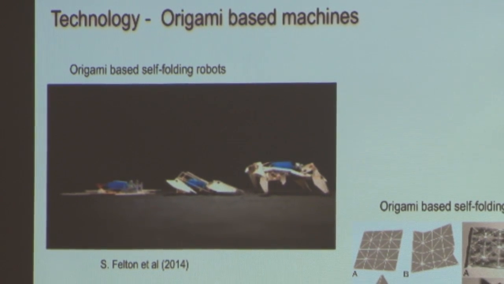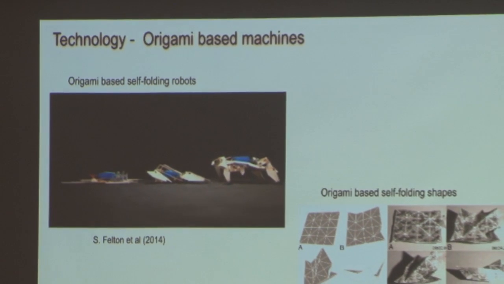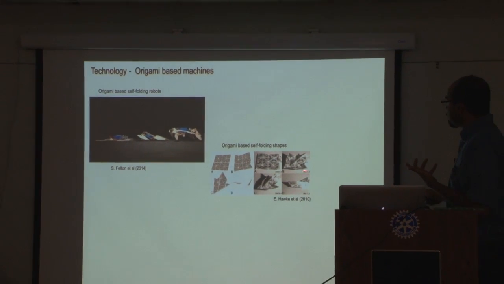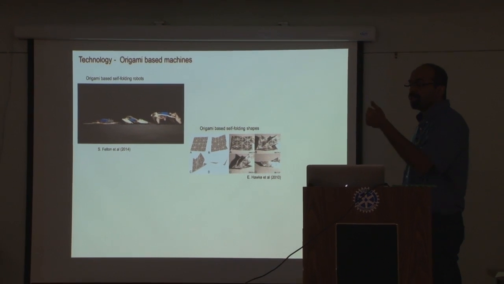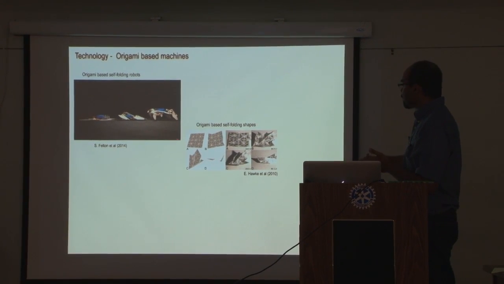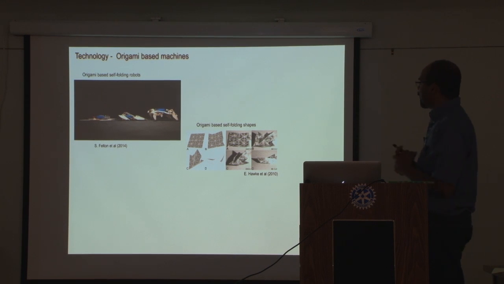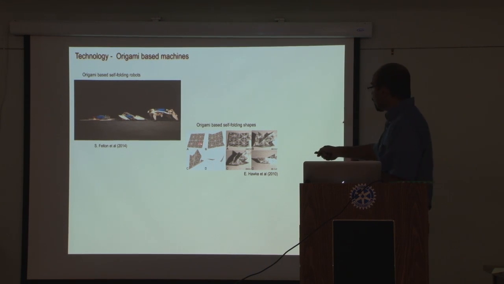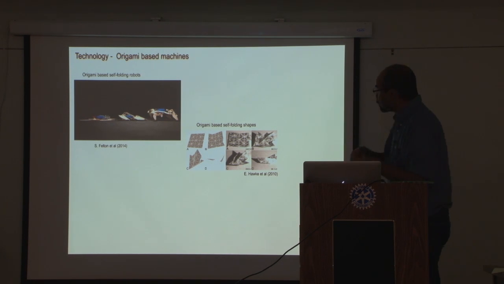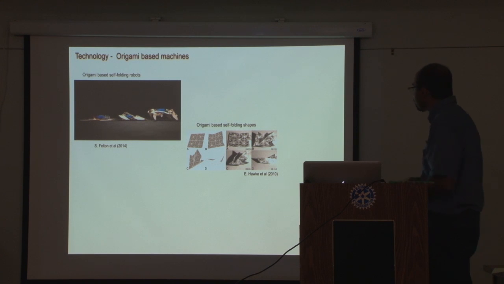You can not only build these things which will walk away, you can just have self-folding shapes. So anybody who's ever tried origami would have folded a plane, a boat, and a crane. And over here, again, it's one of these look-ma, no hands situations where the folds are present, and then you have little elements which can shrink or swell as a function of temperature, or if you put it in a solvent, they absorb the solvent and do different things, and you just let it be.